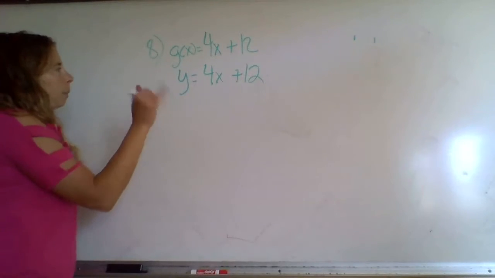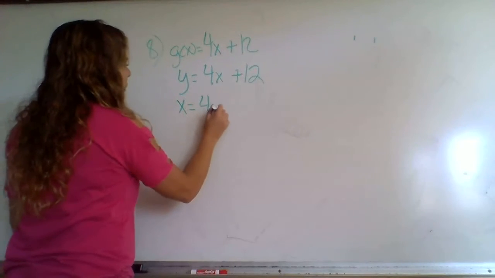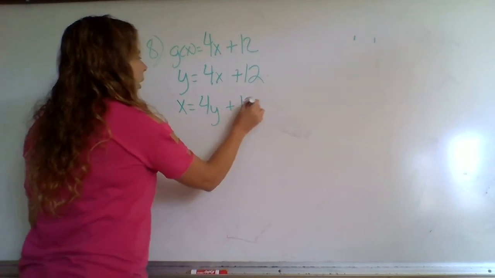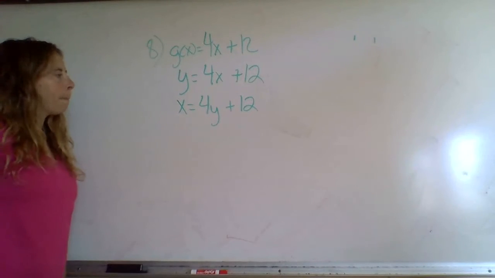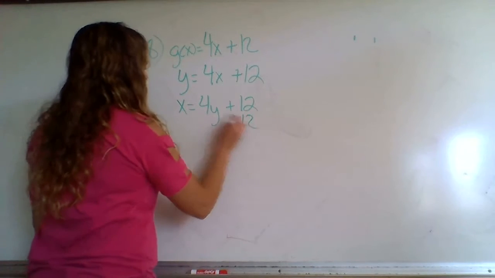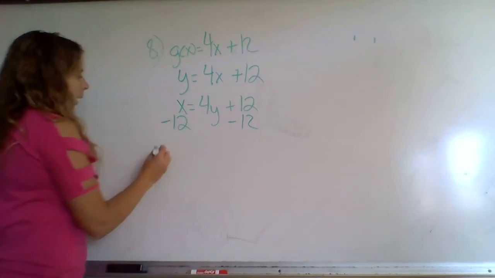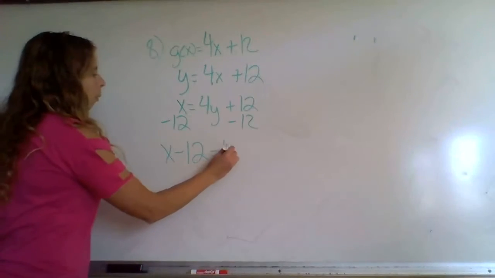Swap them out. So x equals 4y plus 12. And now you're just solving for y. I'm going to subtract 12. So I get x minus 12 equals 4y.